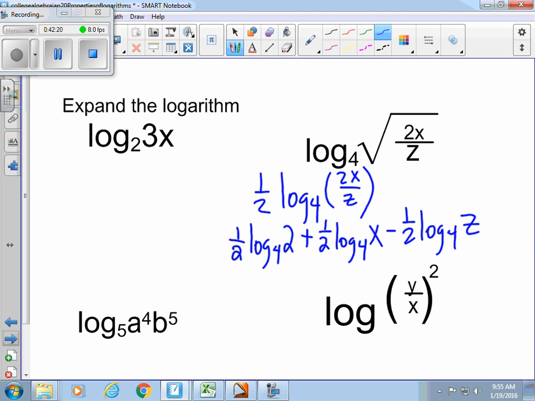Use a calculator if you like. 1/2 times log base 4 of 2. Okay, now why? 4 to what power is 2? The square root. And then 1/2 times 1/2.